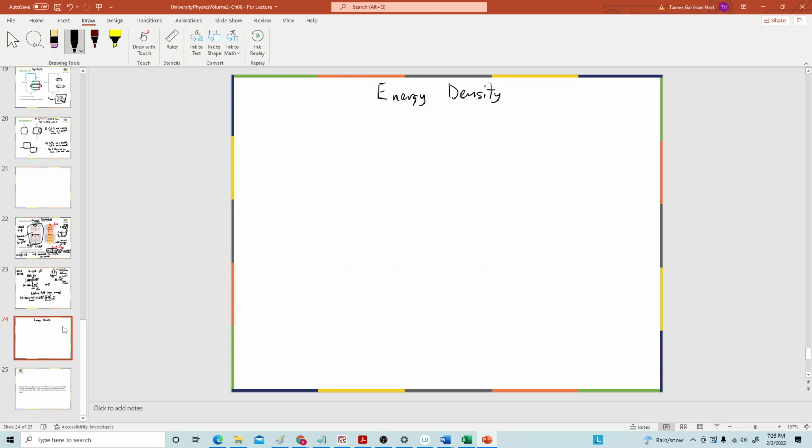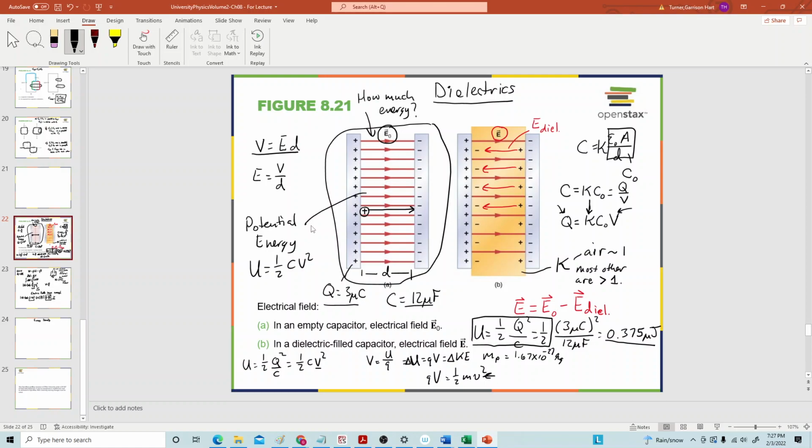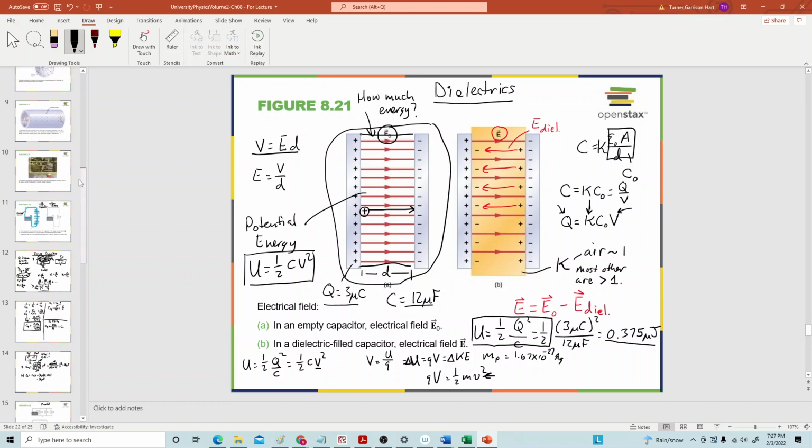Energy density is not the total energy between the plates, but the energy divided by the volume between the plates. So remember, you're seeing the plates edge on, right? You're seeing the plates edge on.